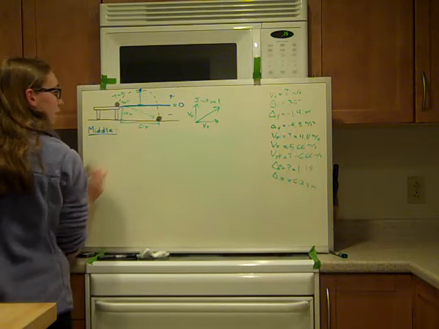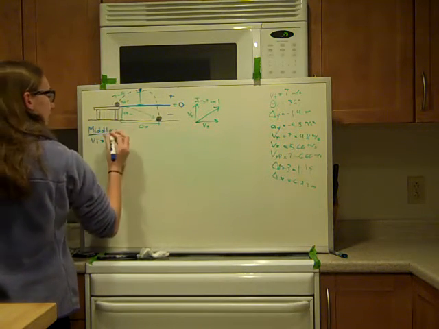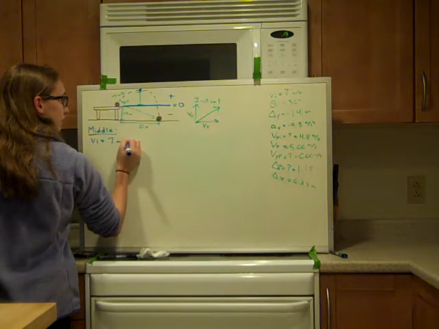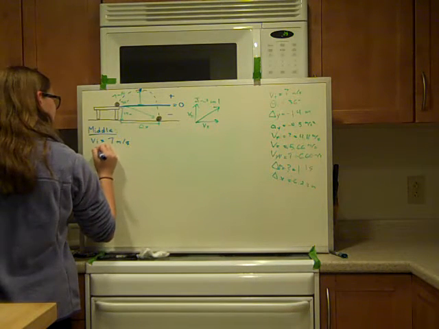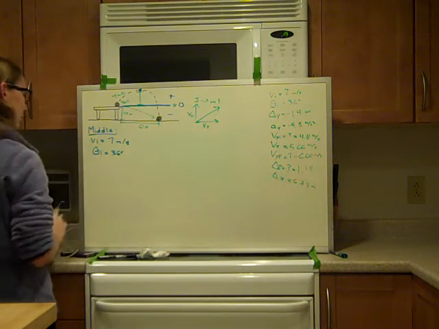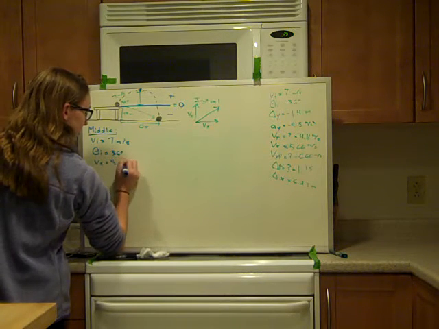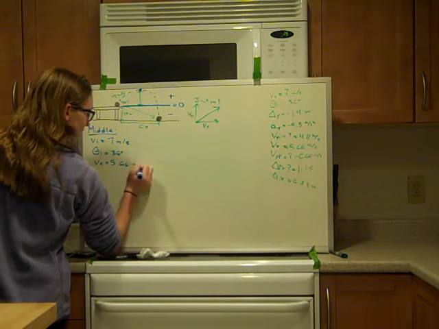Alright, so for middle, we know some things already. We know that the initial velocity, which is right here, is 7 meters per second. We know that theta initial is 36 degrees. We know that Vx is going to be 5.66 meters per second.